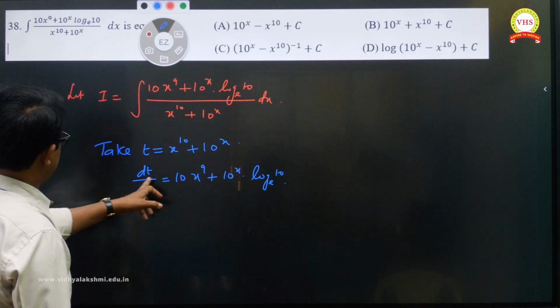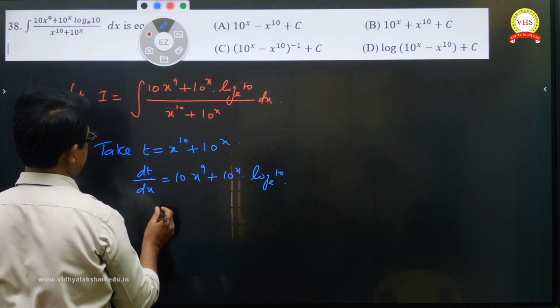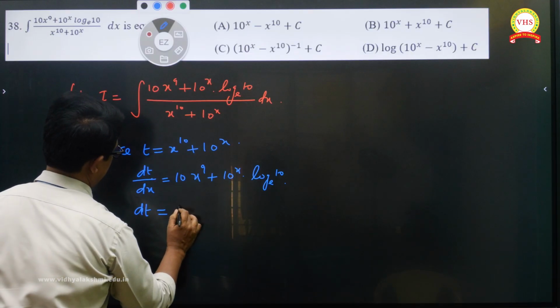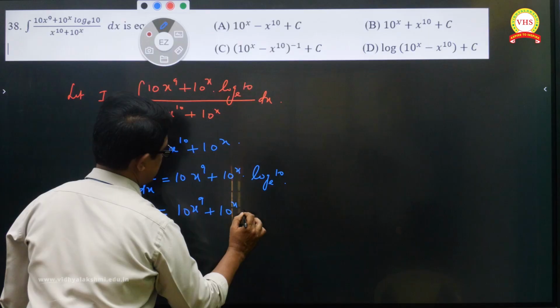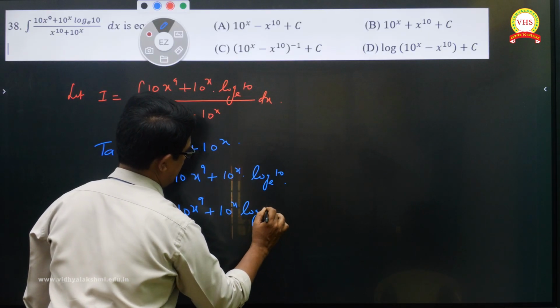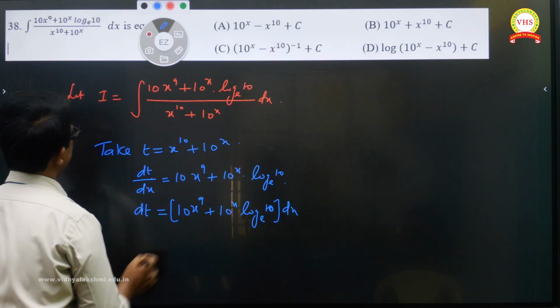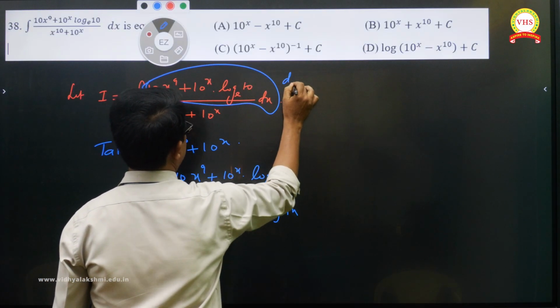Look at this, the numerator exists; sorry, we are taking t as the denominator. Now we need it only in terms of dt, that is 10 into x power 9 plus 10 power x into log 10 base e into dx. It is totally changed into dt.